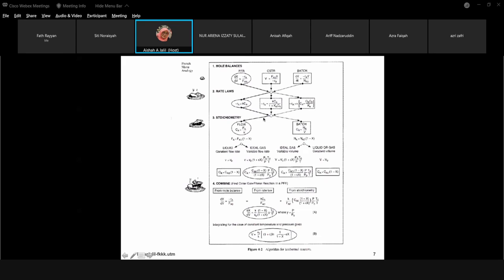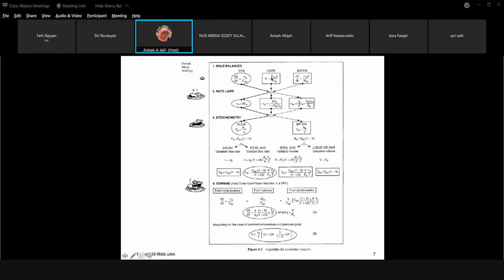This is from the textbook. If you have the textbook, you can see this is the straight line, this is the dotted line. For example, for the straight line from the PFR, you have the mole balance equation for the PFR, and then you have the rate law, this is first order, and then stoichiometry for the liquid and ideal gas becomes like this, the simple one. If the dotted line, this is the batch example for the batch reactor. The rate law is for the reversible reaction.